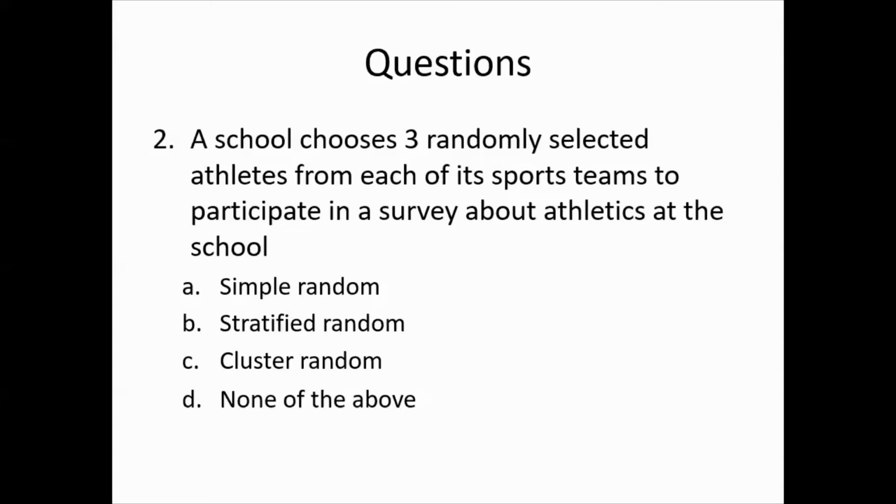I have a special question for Jazz. So one, they were randomly selected, but that could have been simple random. So what makes it stratified random? You can click one more time. What makes it stratified random? There's a big part of why it is stratified and not simple.